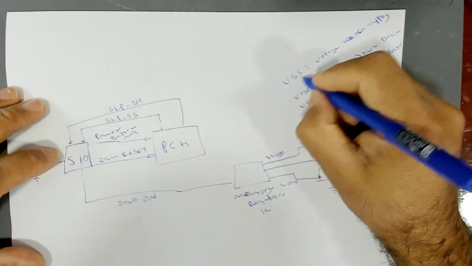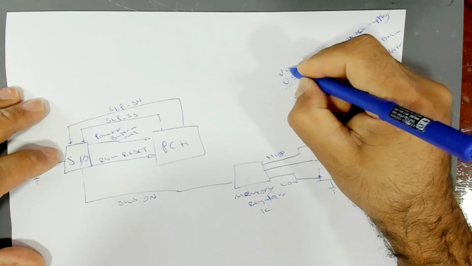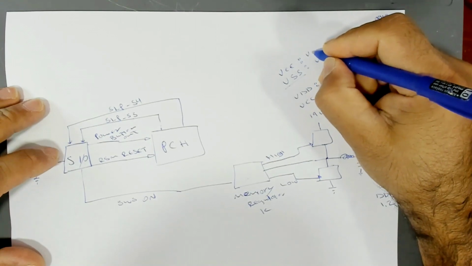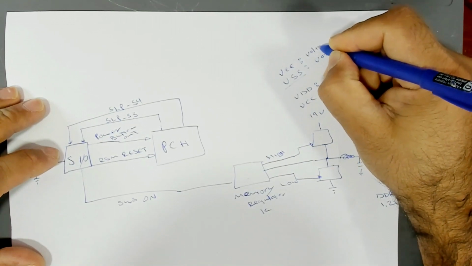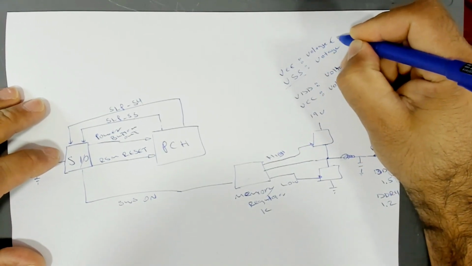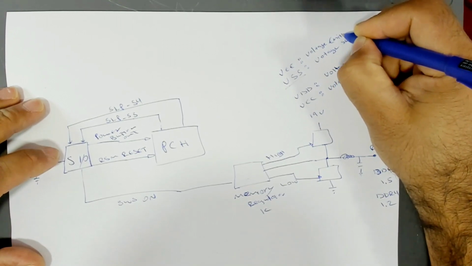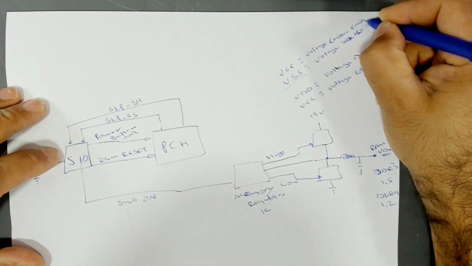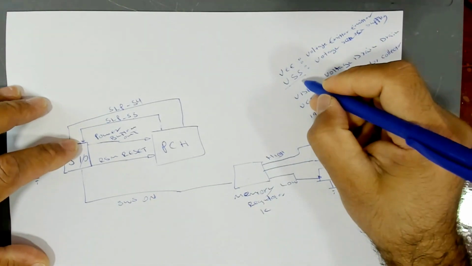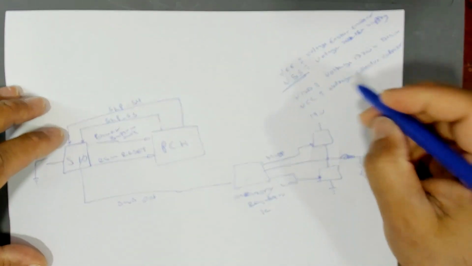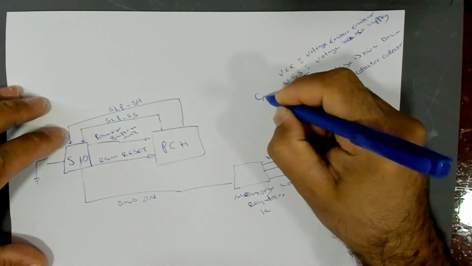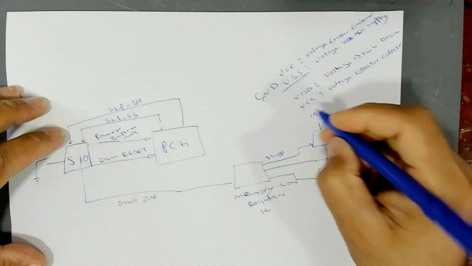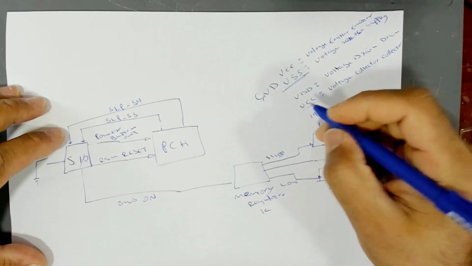And sometimes you will find this VEE, and this means voltage emitter. Both of these are used as a ground, GND, and both of these are the positive side.